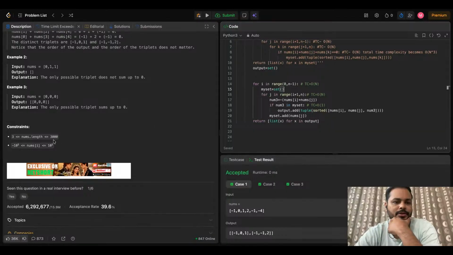It should be 9 into 10 to the power 6, which is just less than 10 to the power 8, and if num is in my set output.